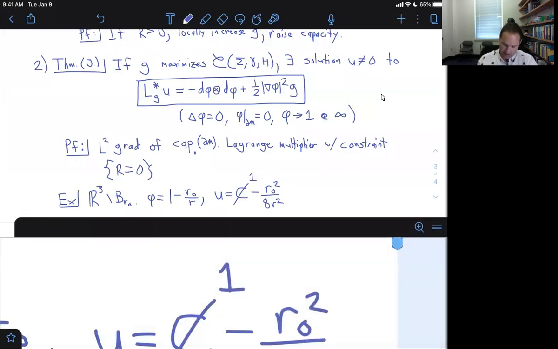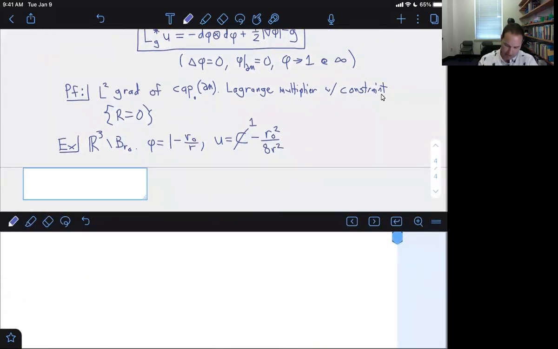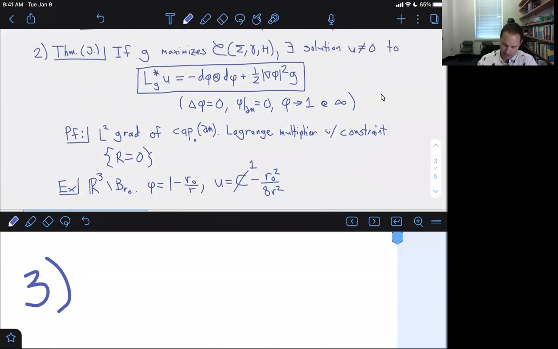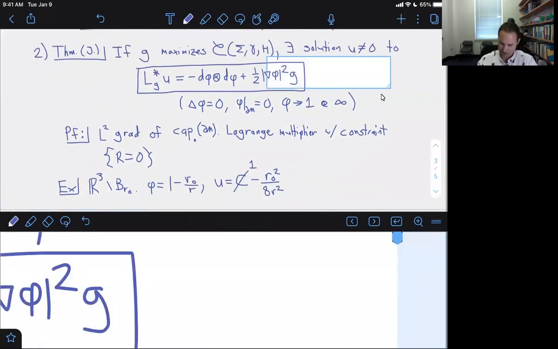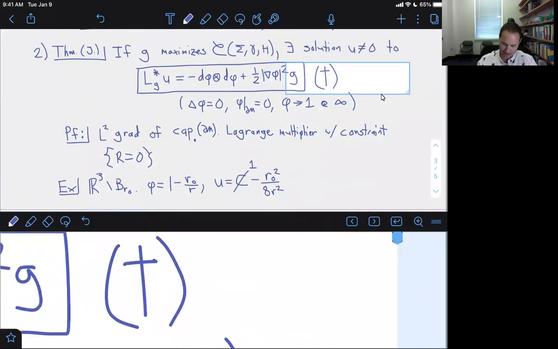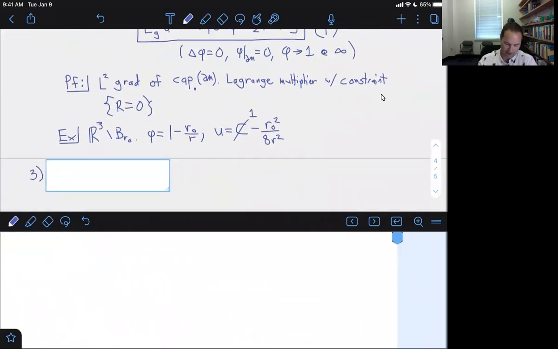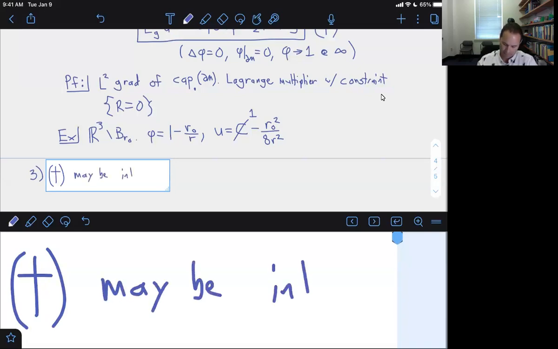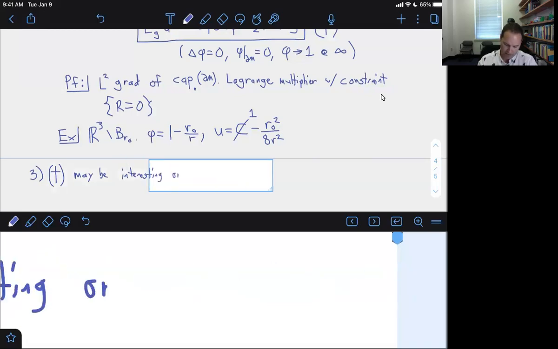One direction I want to suggest going with this is that this equation here, I already used star for something, so how about a dagger, whatever you want to call it. The dagger equation may be interesting to study on its own, even separated from this problem.